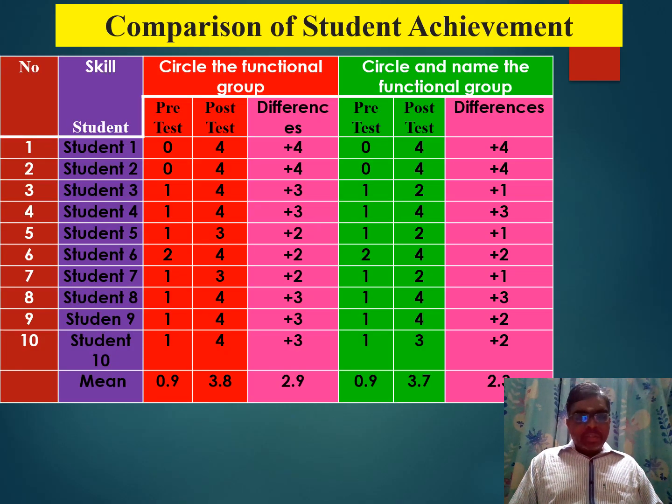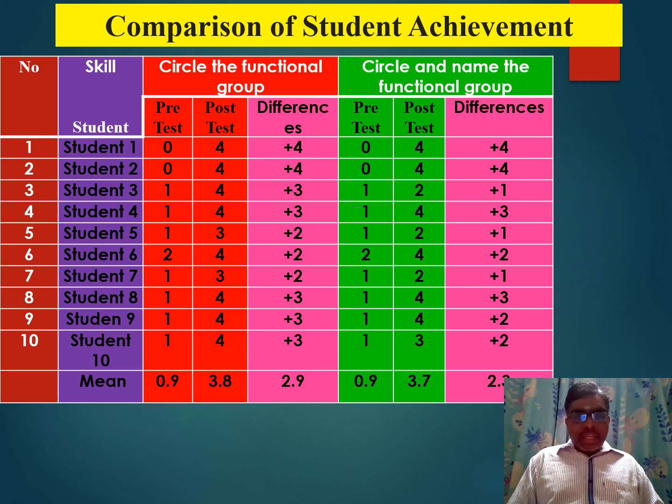This is the result our group obtained from the pre-test and post-test. Here I am going to discuss the comparison of student achievement, for example 10 students from Module 1.